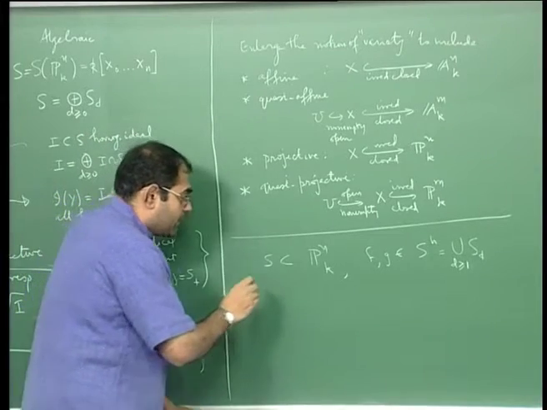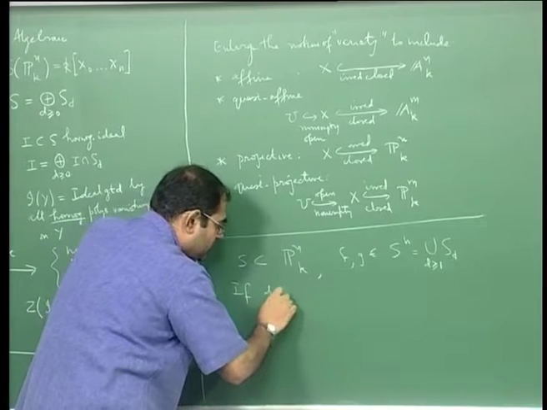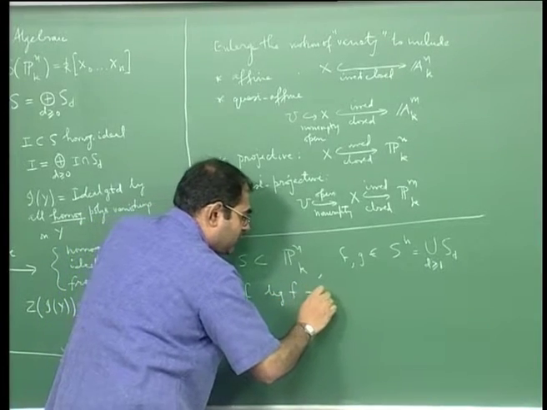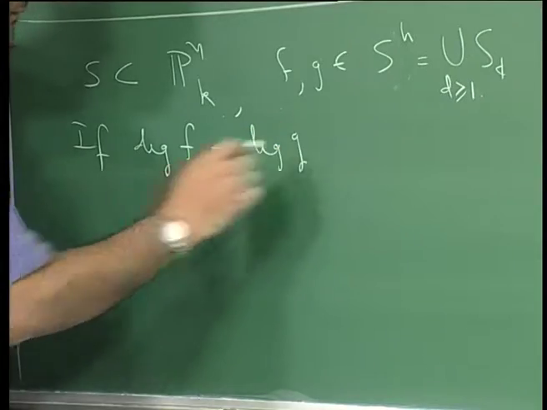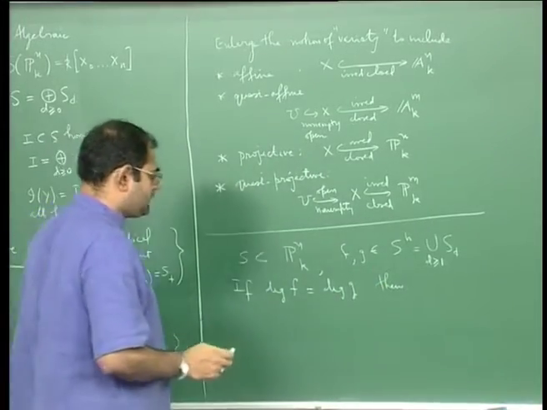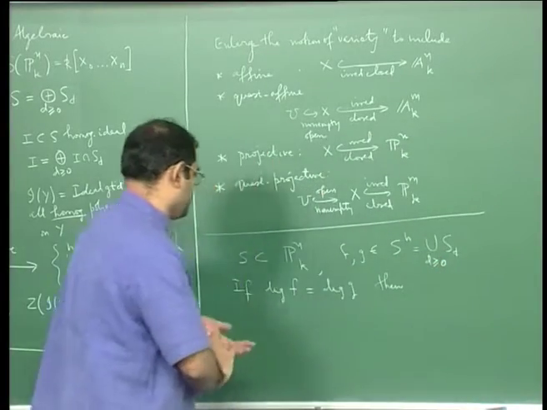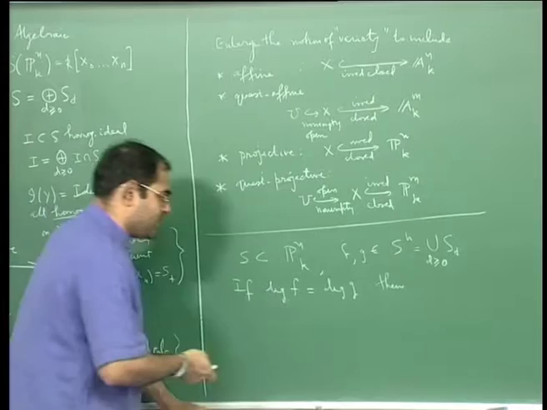But the point is that if the homogeneous degree of F is equal to the homogeneous degree of G, then, maybe there is no harm in including 0 also, because constant functions will anyway make sense.